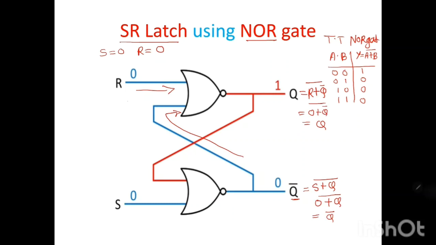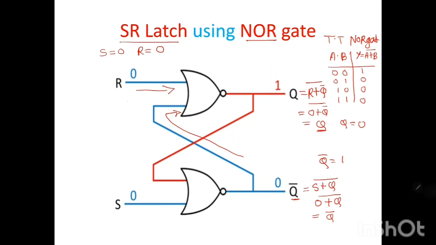Suppose we consider the initial values of Q as a 0 and Q bar as a 1.